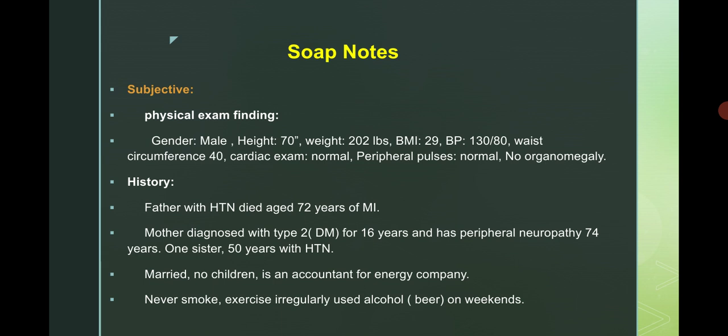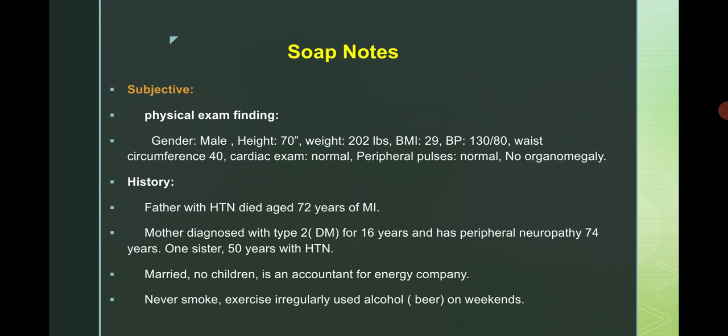Now we prepare SOAP notes. Subjective physical exam findings: gender is male, height is 70, weight 202, BMI 29, BP 130/80, waist circumference 40, cardiac exam normal, peripheral pulses normal, no organomegaly. History: father with HTN died at the age of 72.